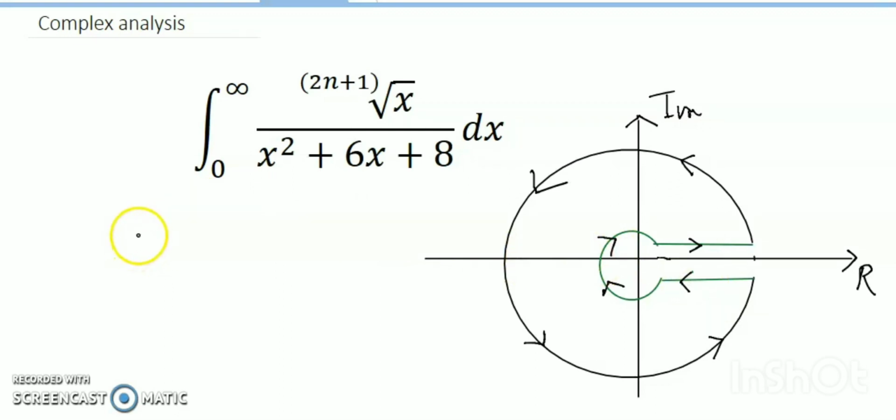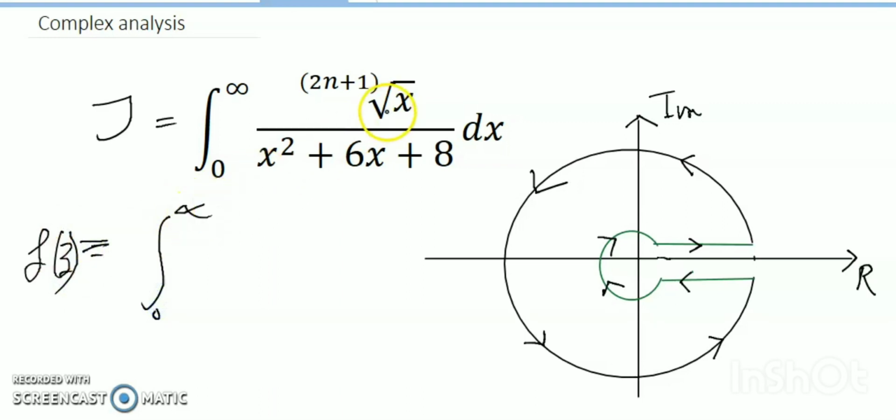Now I can write this integration in this way, that this is my J. Okay, J equals this, and let's take f(z) equals, integral from 0 to infinity.